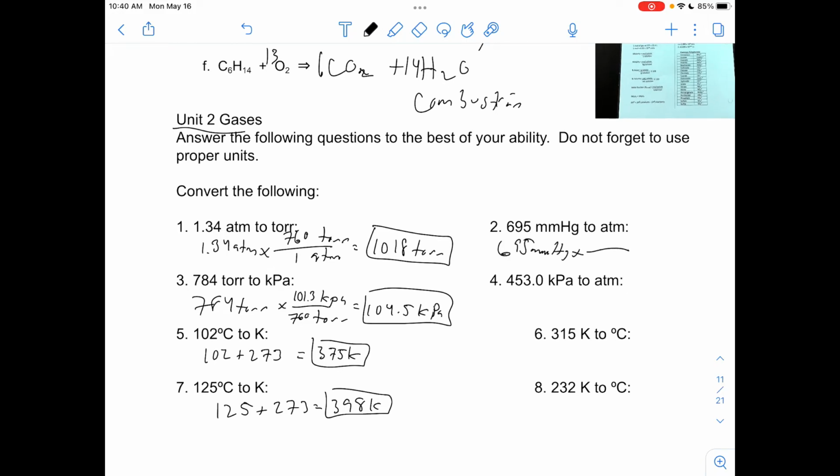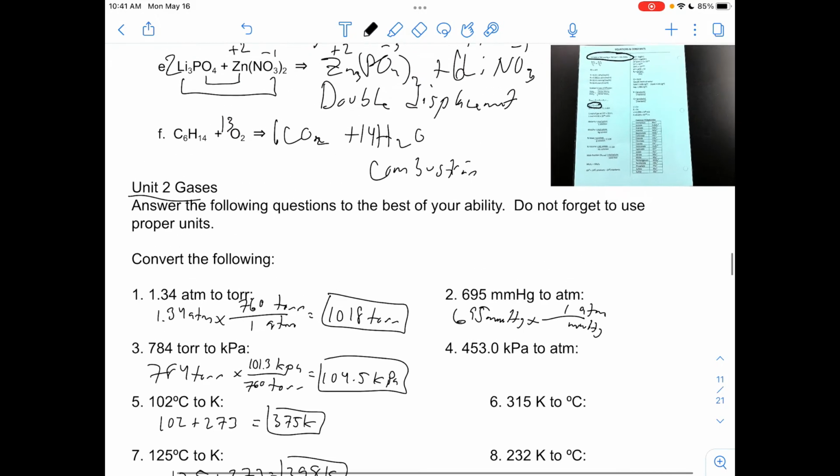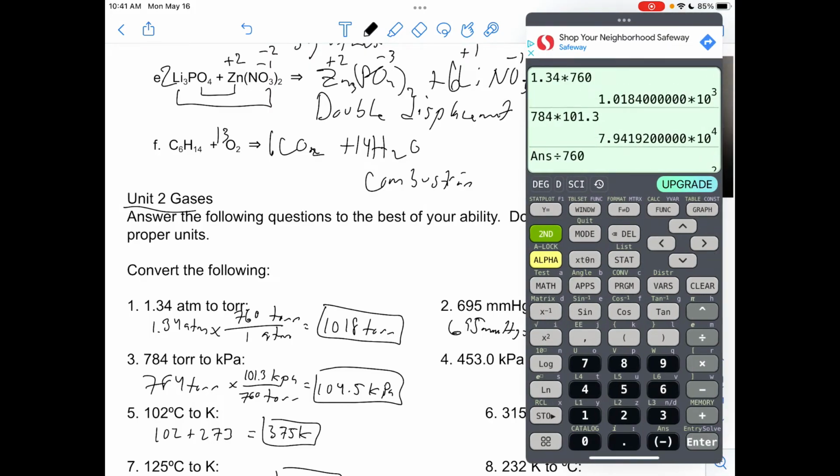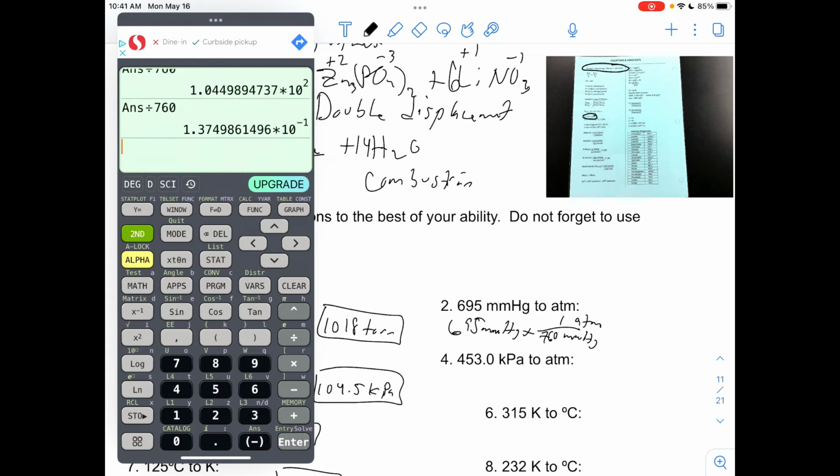Okay, 695 mmHg, millimeters of mercury to atm. 1 atm, mmHg is 760, just like torr. So let's see. 695 divided by 760. So get a 0.91 atmospheres.